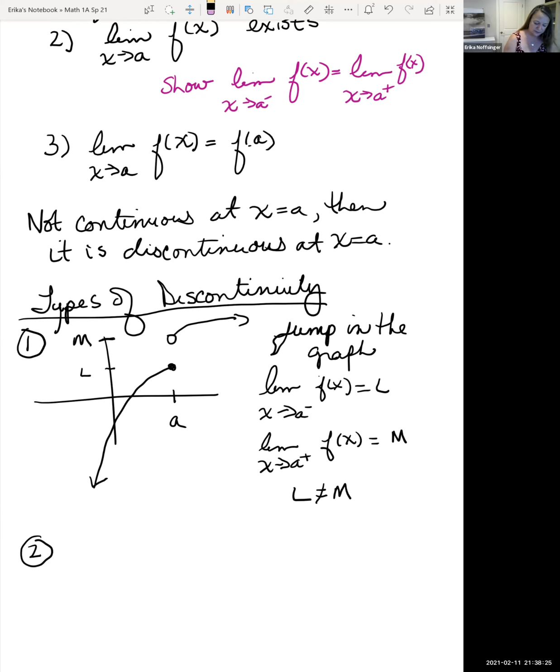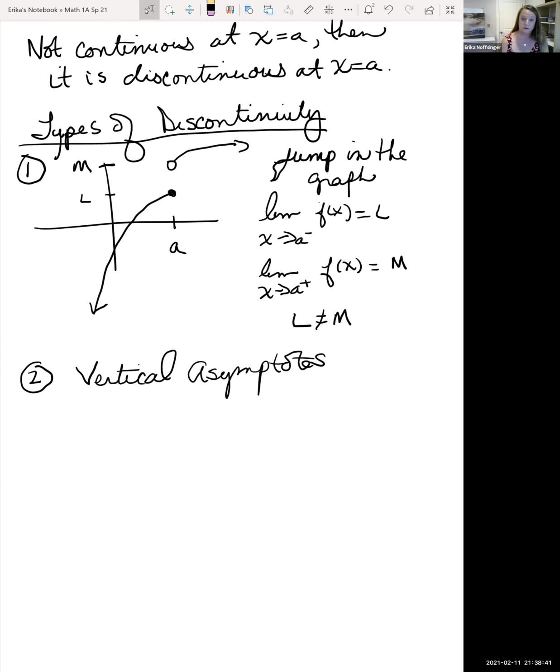We may have a vertical asymptote. So recall vertical asymptotes happen when we have a rational function, and those are values which set our denominator equal to 0 and not our numerator. We'll talk about this more next week. But for now, maybe we have this value x equals a. Recall for asymptotes, we denote it by a dotted line.